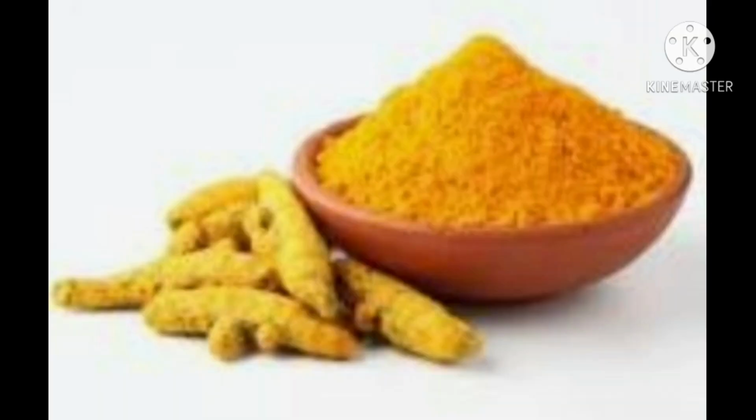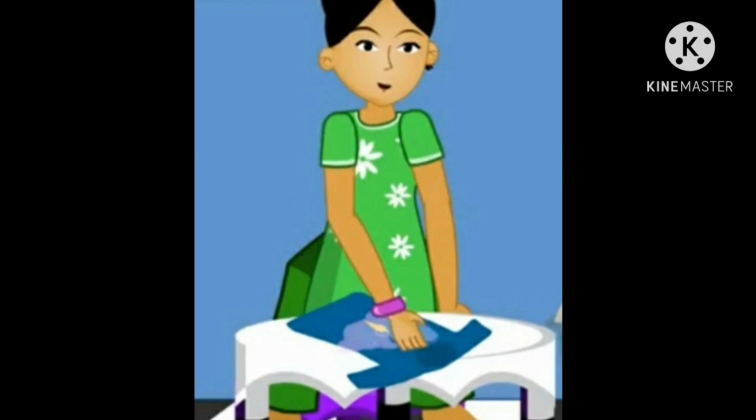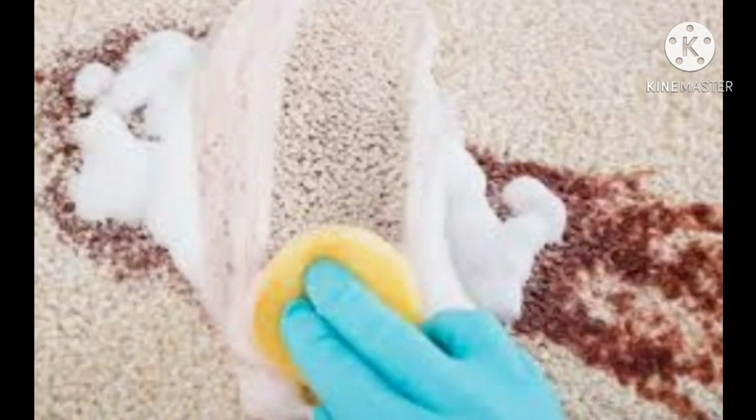Most common indicator available in our homes is turmeric. Turmeric is commonly used as a spice in preparing curries in our kitchen. It is yellow in color and stains the clothings yellow. While washing, when this yellow stain is rubbed with a soap or detergent, its color changes to brownish red.